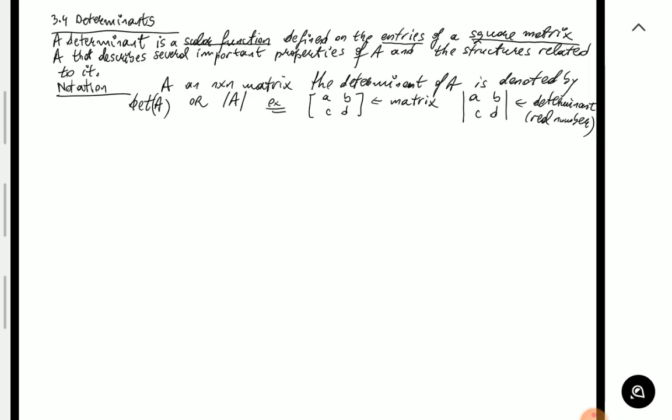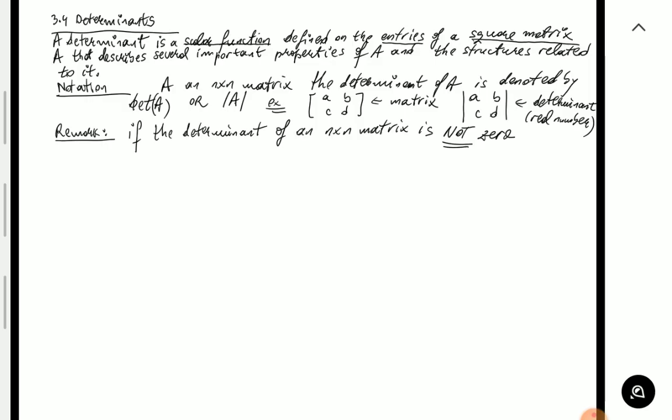So one of the important properties we'll talk about quite often is that if the determinant of an n by n matrix is not 0, right?